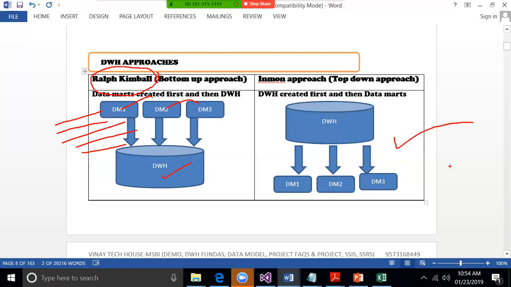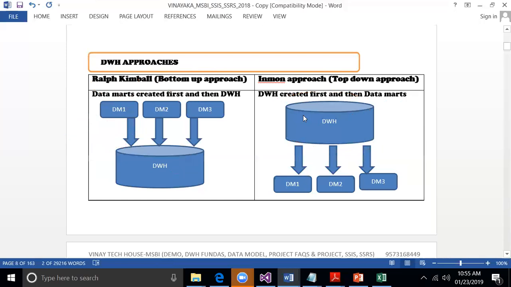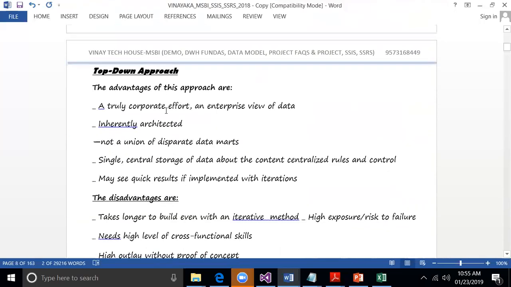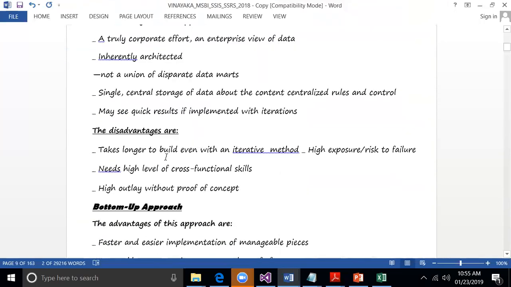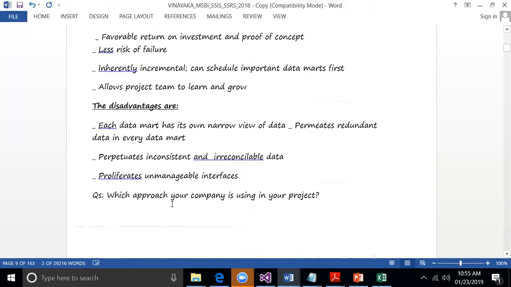But if your project follows the agile life cycle model, you will find Ralph Kimball, and in waterfall model projects you will find Inmon. But some agile projects also use the other; that is a different case. As for the situations, I mentioned the approaches' advantages and drawbacks here. Please walk through it.